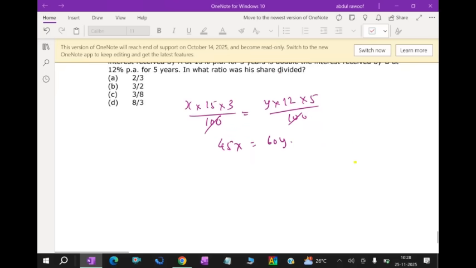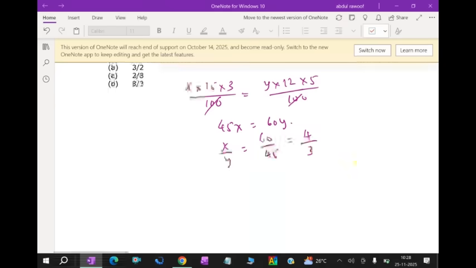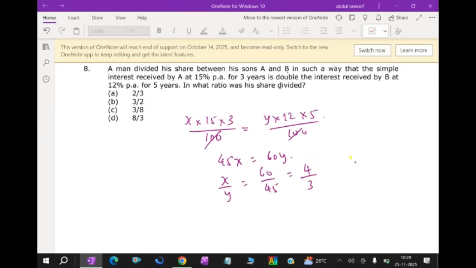Then x over y equals 60 over 45. But one more 2 we have, because it is 2 times.